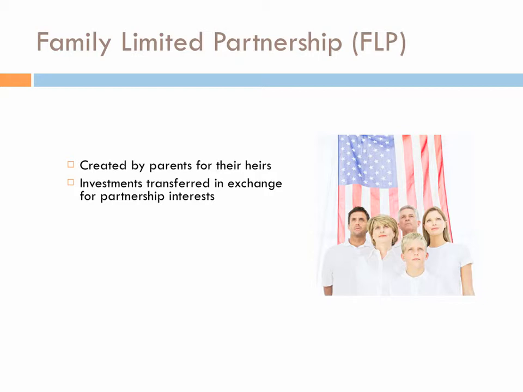The general partnership interests allow for control of the underlying assets, while the limited interests include economic benefits. This transfer is usually tax-free because the parents are merely substituting ownership of specific assets for ownership of an entity that owns the assets with the same level of control.